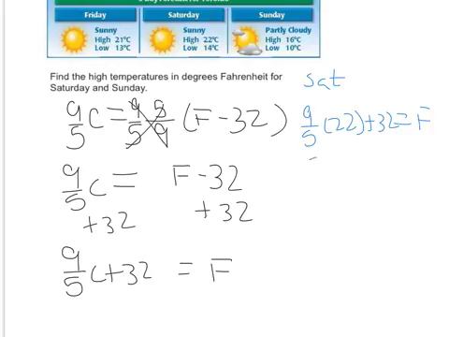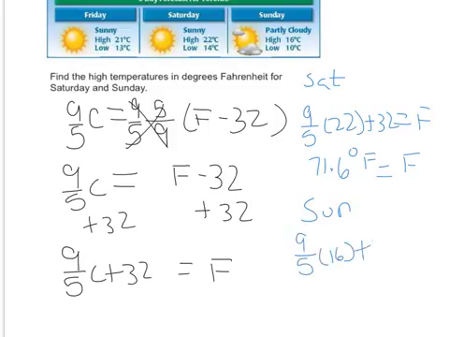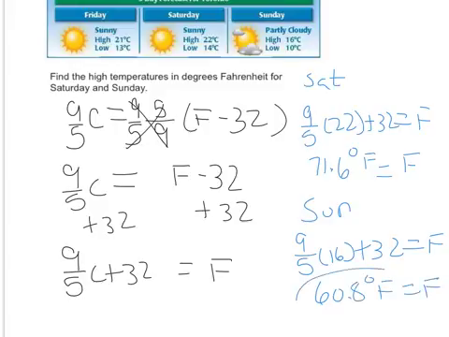So that would be a high of 71.6 degrees Fahrenheit. Okay? Now Sunday. You go 9/5 times 16 plus 32. So hopefully we get a smaller number, otherwise we didn't do something right. So you do 9/5 times 16 plus 32, and you get 60.8 degrees Fahrenheit. Okay? Alright, so there we go, guys. See you guys in class.